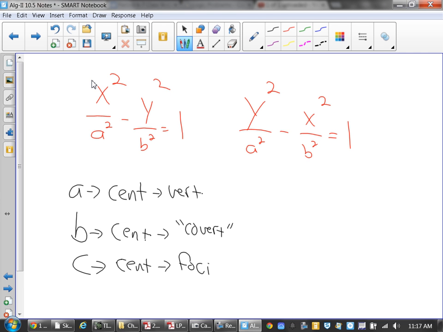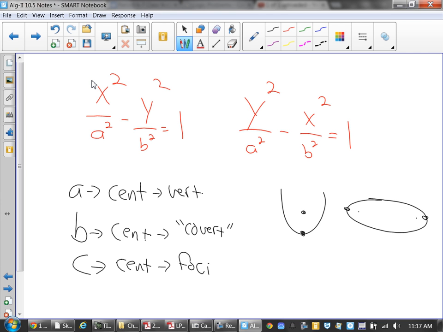In every other image that we've drawn and worked with, our vertex always opened up to the focus. Whether it was the parabola, here's your vertex, here's the focus. When we had the ellipse, your vertices were here and here, the foci were on the inside.